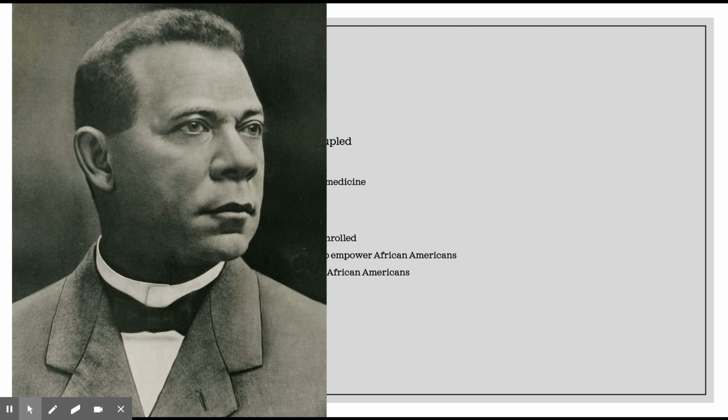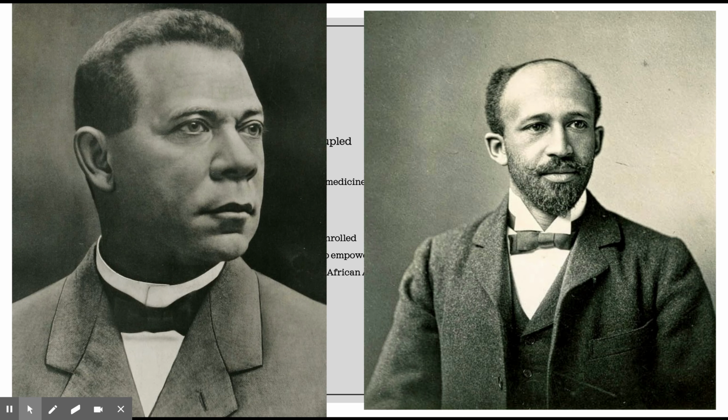And here is a photo of Booker T. Washington, right? So he was the one who pushed for vocational schooling and helping them to improve their skills and focus on their skills that would allow them to get a job, right? And here's an image of W.E.B. Du Bois.